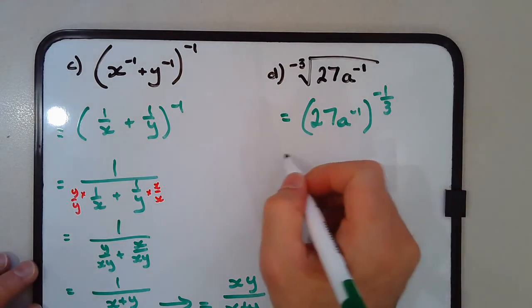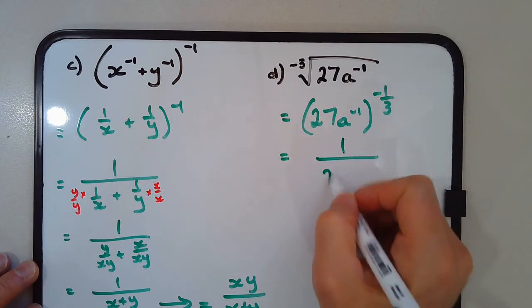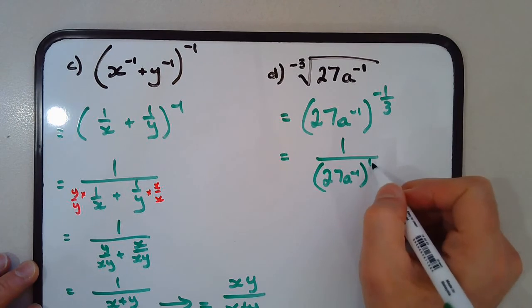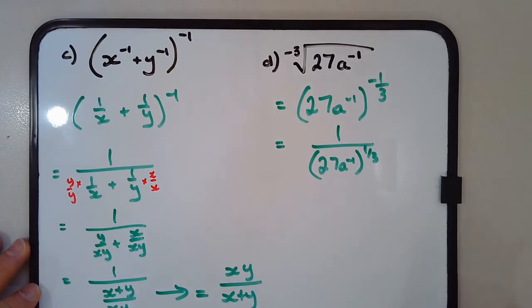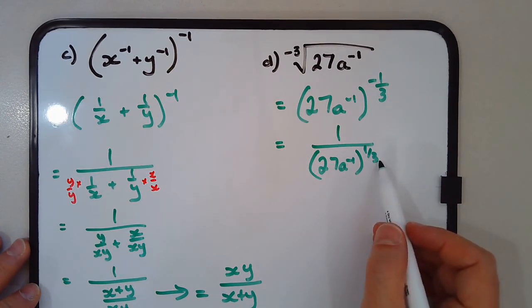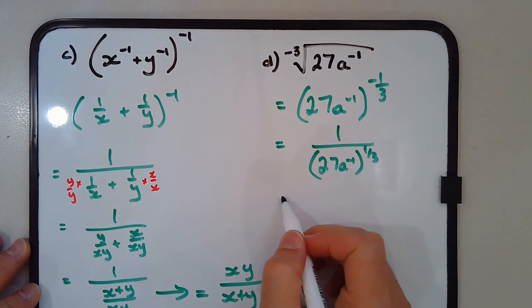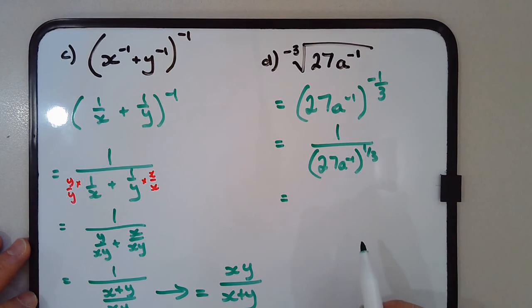Okay. So that's just 1 over 27a to the -1, to the power of 1 on 3. Okay. So that's a cube root. Cube root of 27 is 3. And you've also got a to the -1 to the power of 1 on 3 as well.